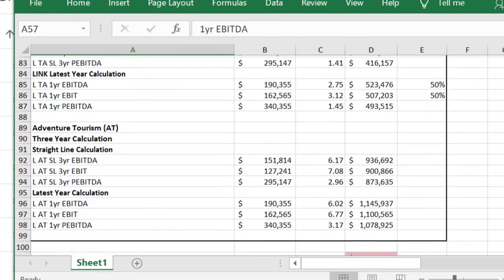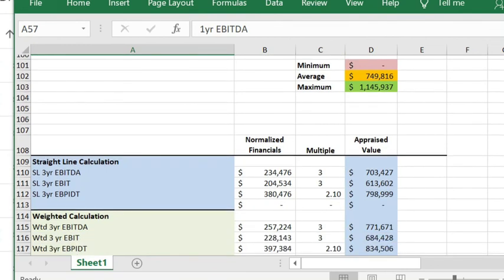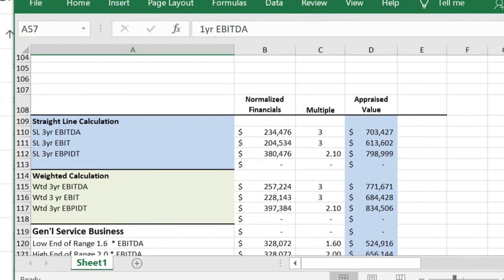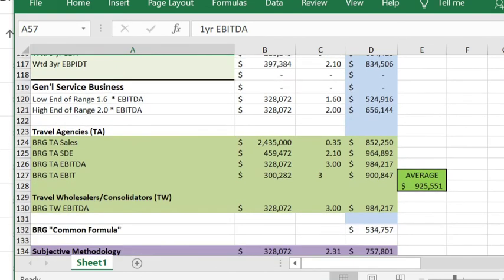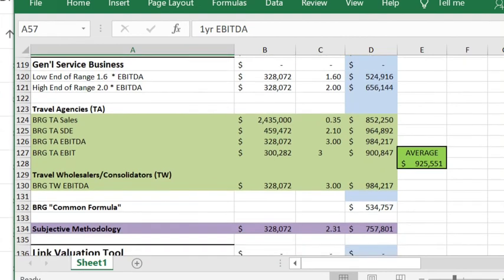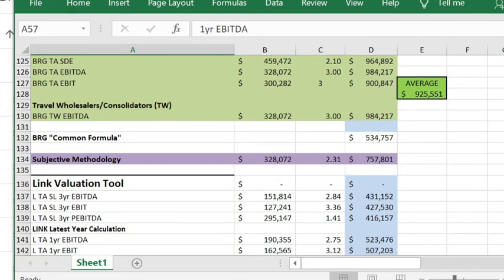So we arrived at a broad range of valuations, coming at it from a range of different angles, and you'll be able to get a good look at this valuation tool in the resource section of the program. And as I say, it's a little overwhelming, but it's just going to give you a sense of how thorough you could be and possibly should be when arriving at a valuation.